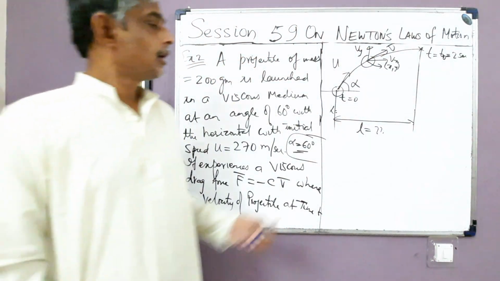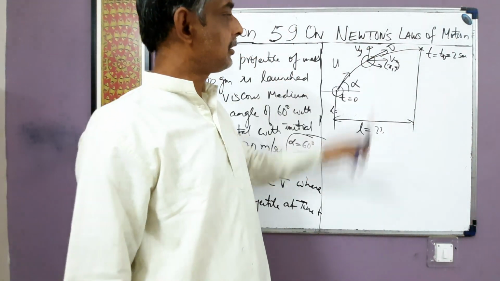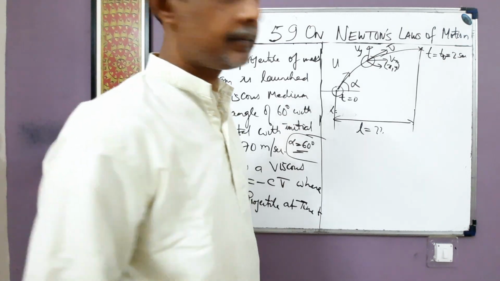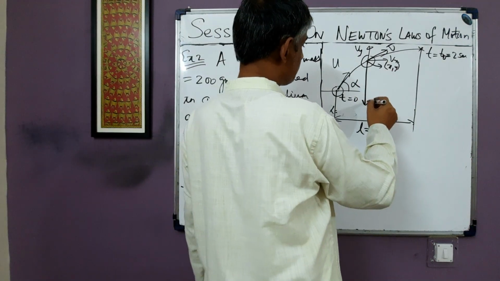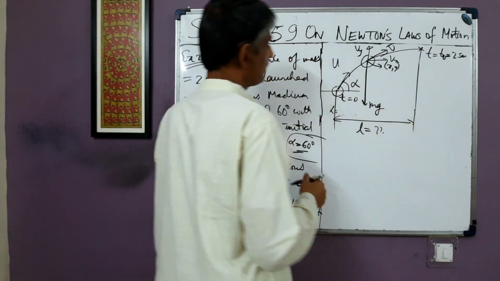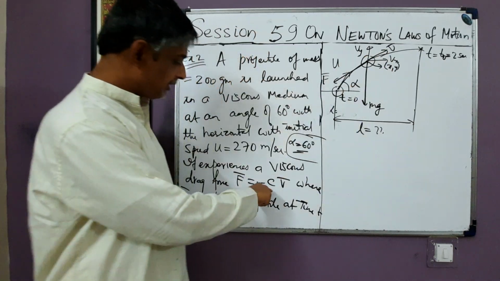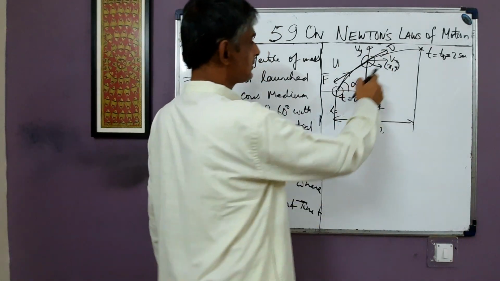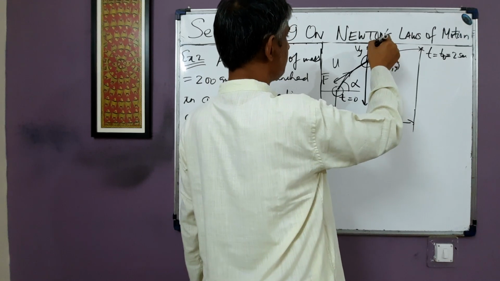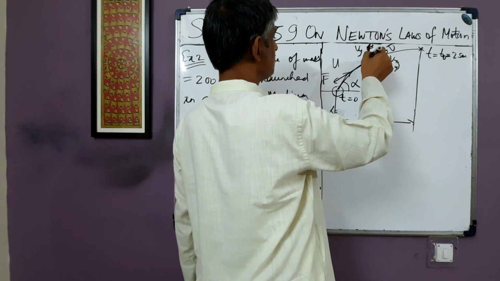Now at this instant I draw the FBD of the projectile with respect to the ground. So the real force mg will act on it. Some resistance force F equal to minus Cv acts on it. Plus this medium will exert some buoyant force Fb in an upward direction.